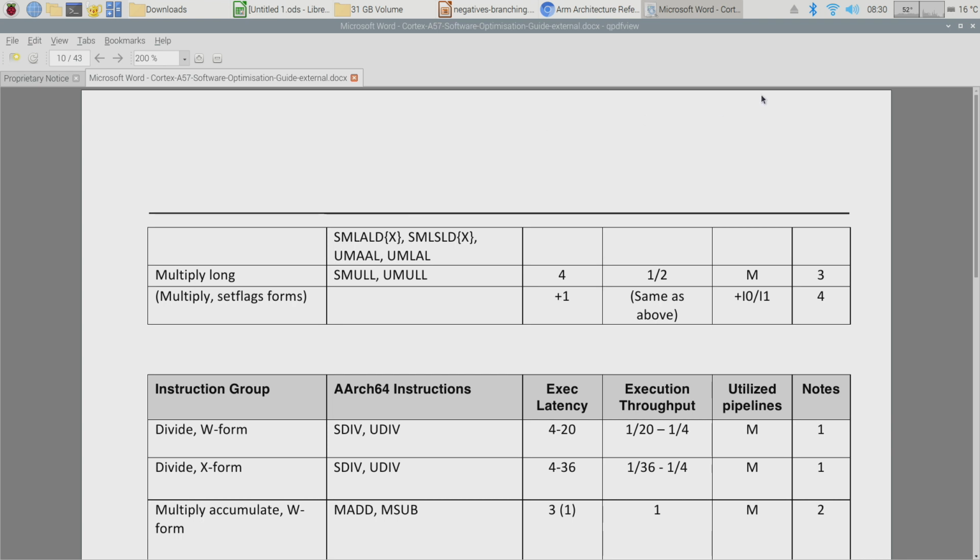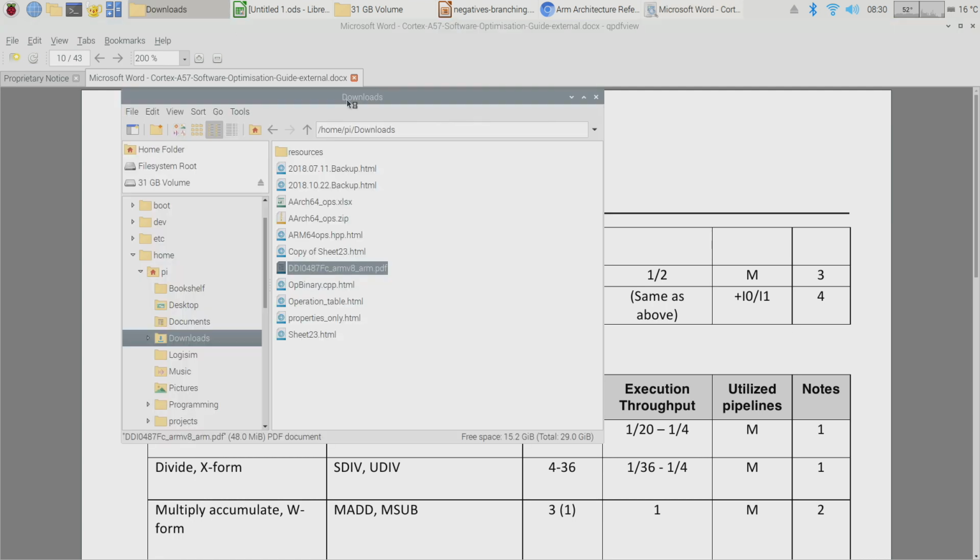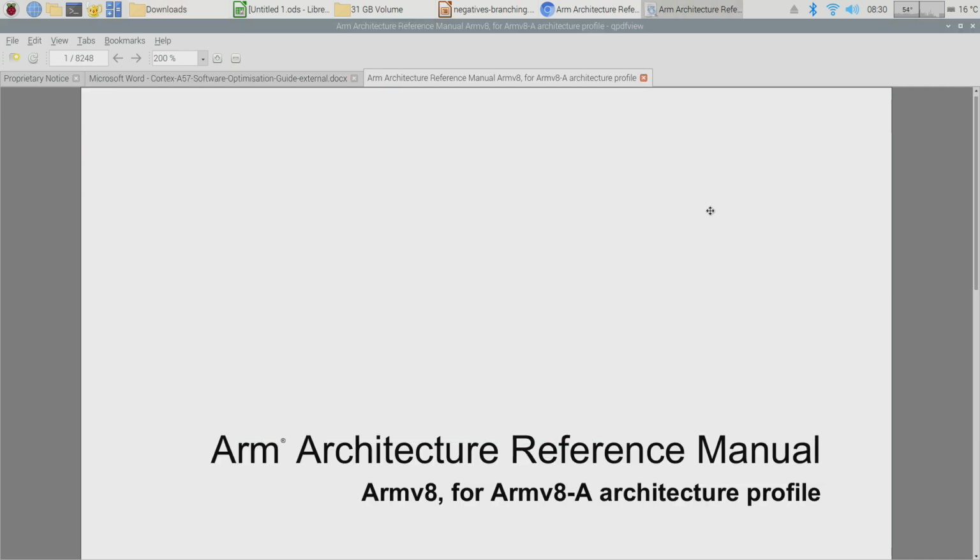That's not the droid I was looking for. Oh, it's still loading. That's the problem. There it goes. Okay, look at how many pages that is. 8,000 pages.